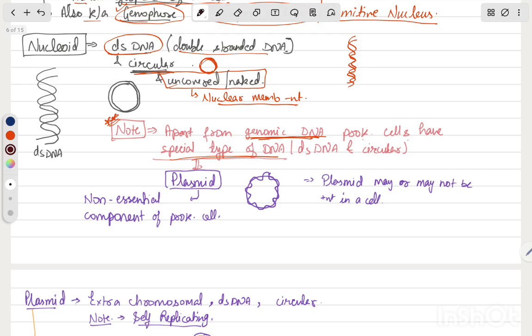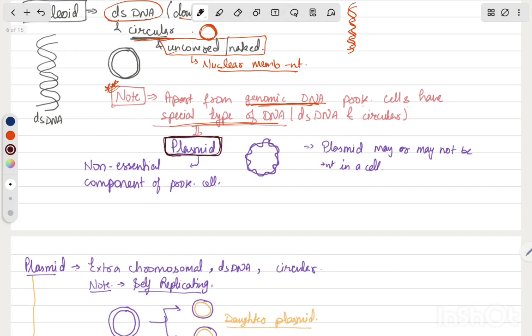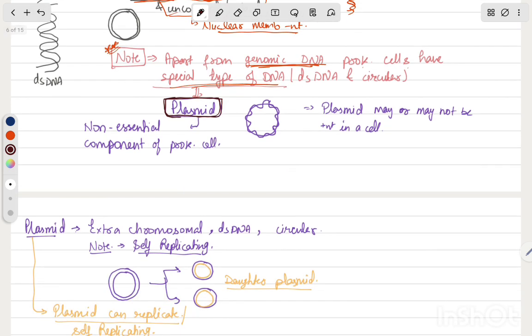Now, what is the function of plasmid? Every DNA has some information for any type of phenotypic character. So this plasmid also provides special phenotypic character to the prokaryotic cell. It may or may not be present in a cell.